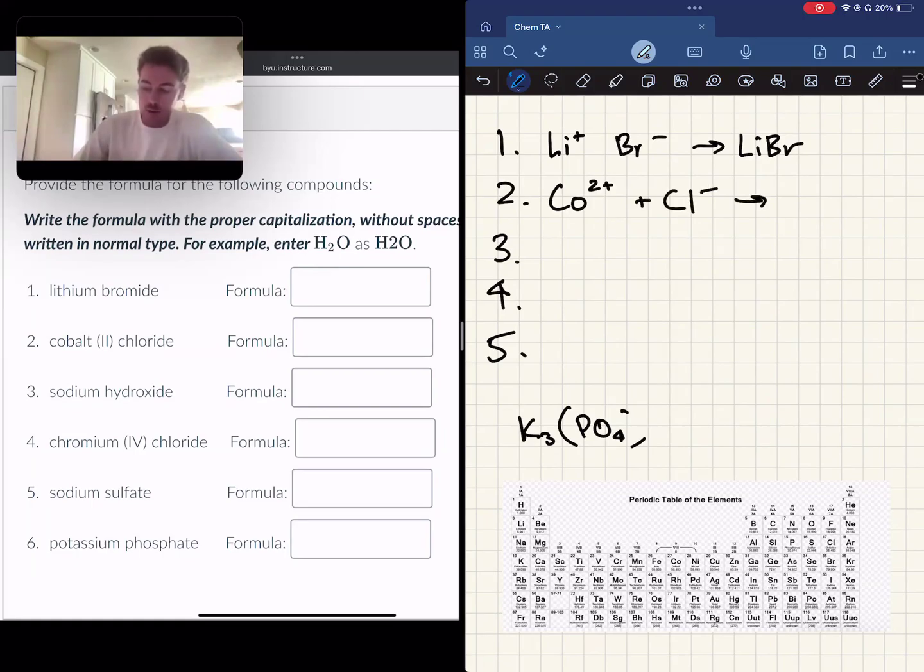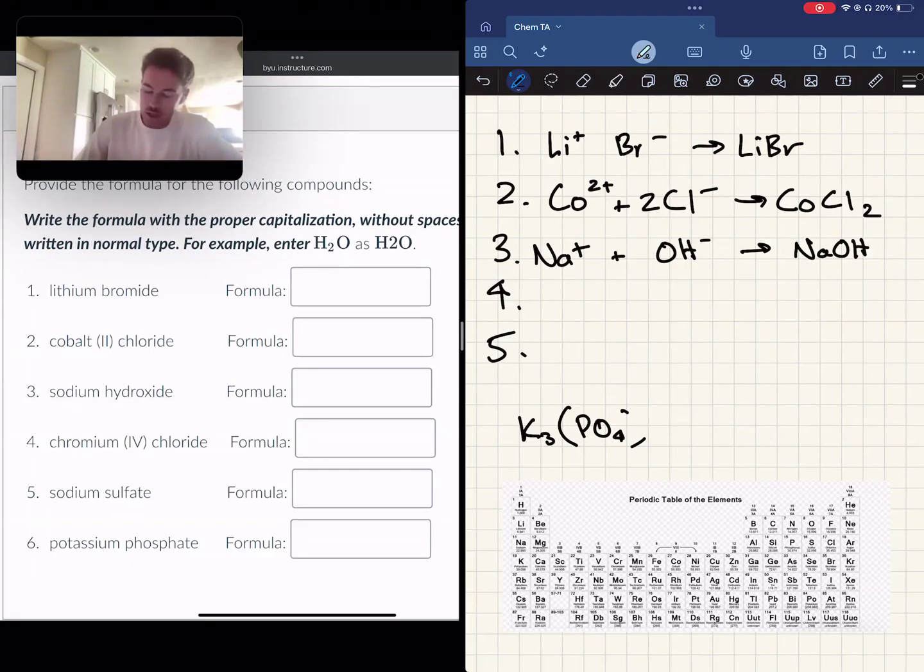So that means we would need 2 chlorides to balance out the charge. So CoCl2. Okay. Sodium hydroxide. Sodium is +1 charge. Hydroxide, that's one of our polyatomic ions, OH minus. Okay. So sodium hydroxide is NaOH.